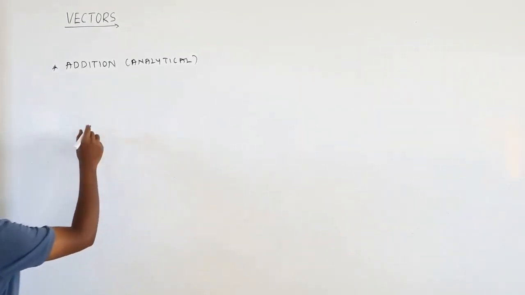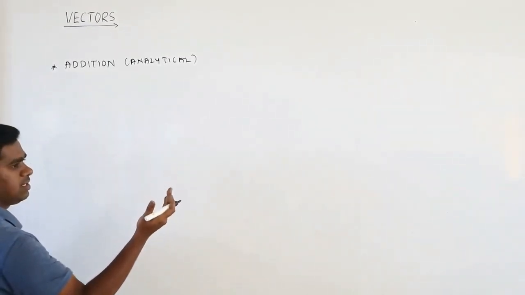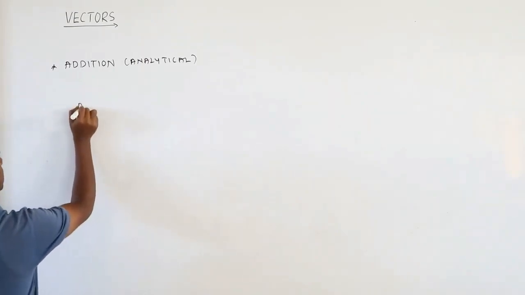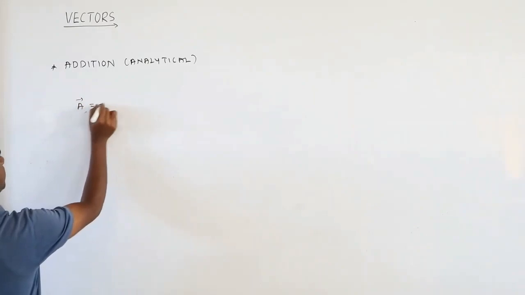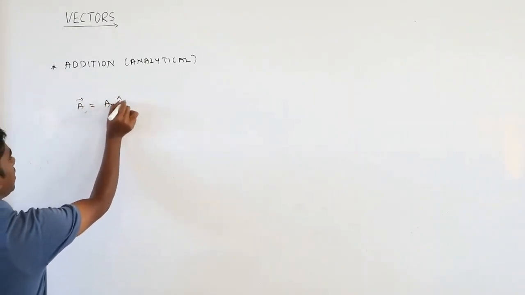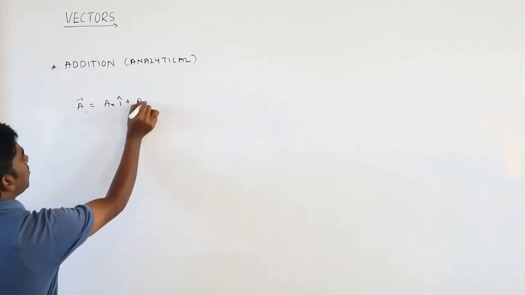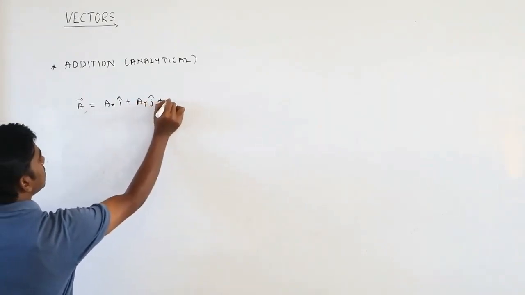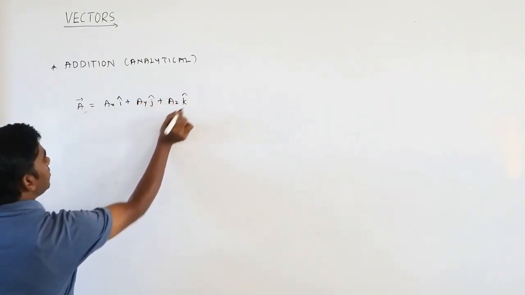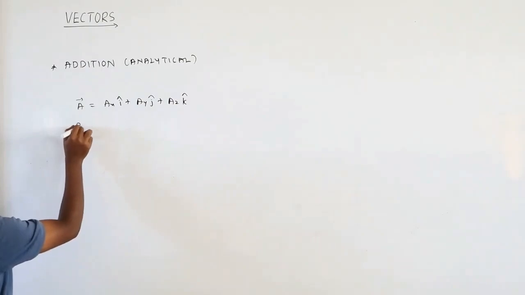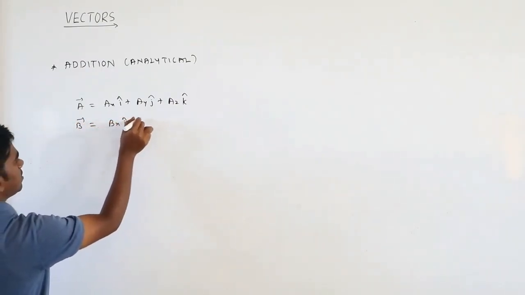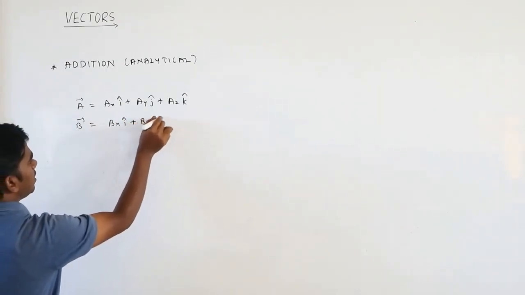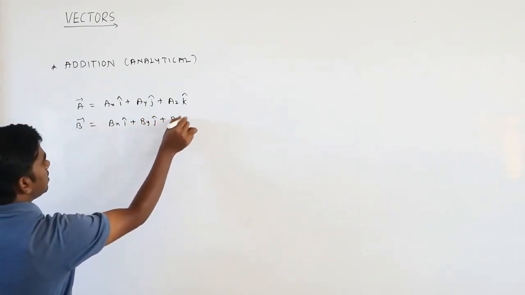The question may arise: how to add when it is 3-dimensional? Suppose vector A is given as Ax i cap plus Ay j cap plus Az k cap, and suppose vector B is given as Bx i cap plus By j cap plus Bz k cap.